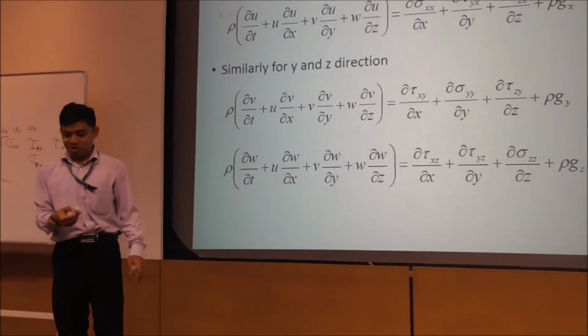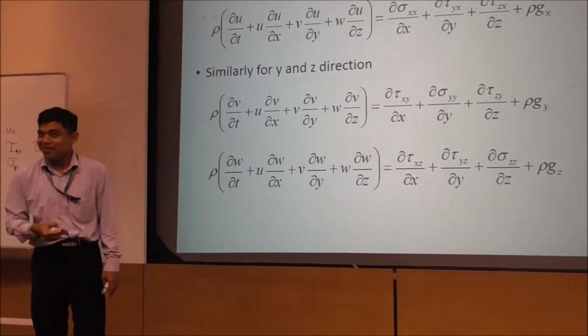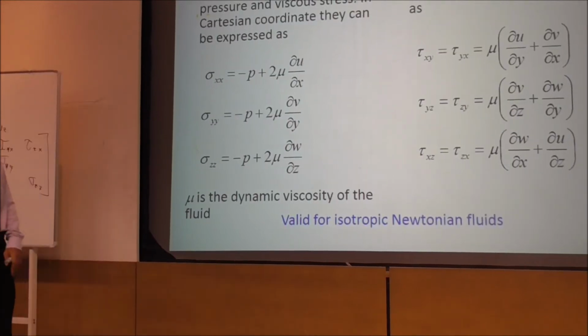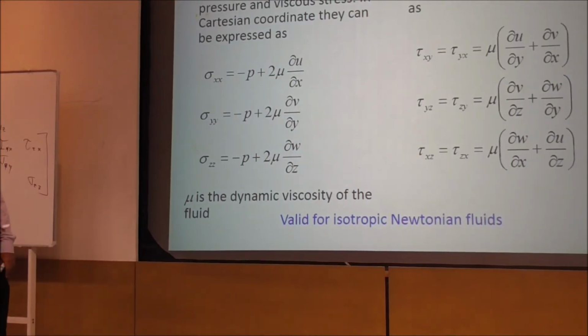However, for our course, of course, we want to make our life simple. So this is how the normal stress looks like, and this is how the shear stress looks like. This is the simplest that we can get for you. You can still see du/dx, dv/dy, and so on. And this is only valid for isotropic Newtonian fluid.